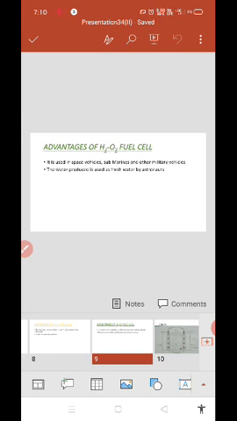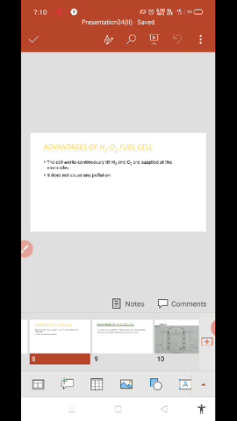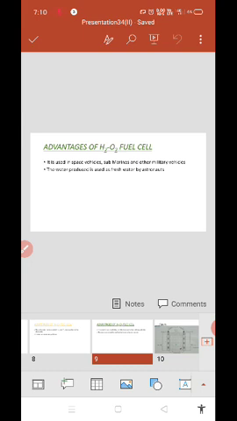Fuel cells are used in space vehicles, submarines, and other military vehicles, and the water produced is used as fresh water by the astronauts. It does not cause any pollution, it is a pollution free cell. These are the very important uses.